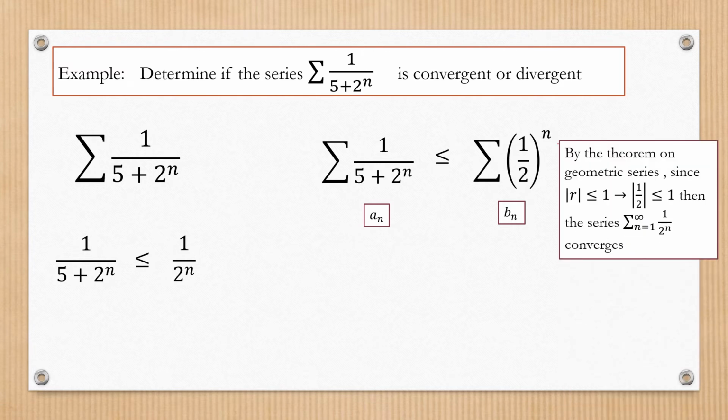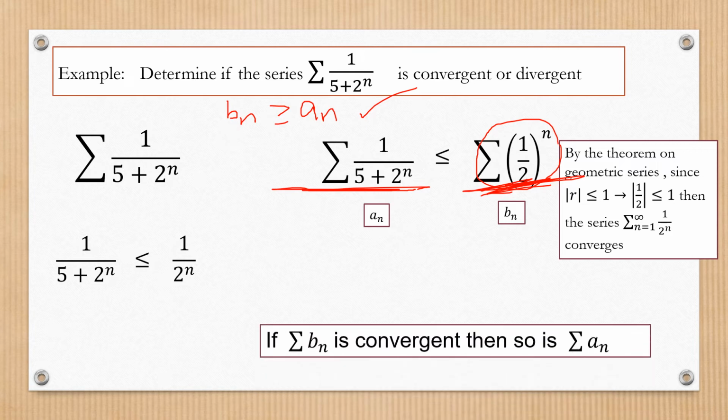Okay, so again, we were able to find out that this series is convergent and based kanina sa condition under sa comparison test that Bn is greater than or equal to An. Okay, there was a condition like this. And so, since ito naman is greater than to this, therefore, ito ang Bn natin at ito naman ang ating An.